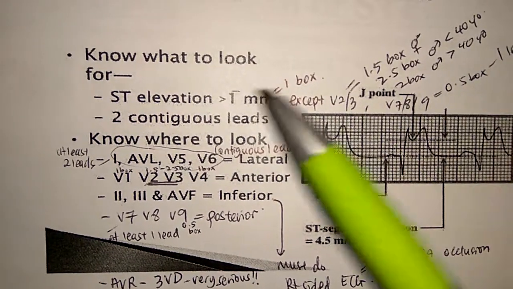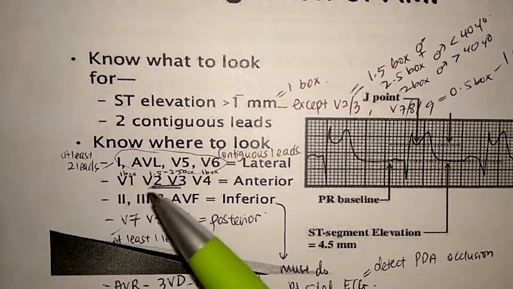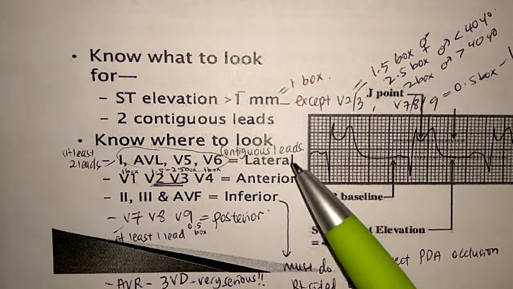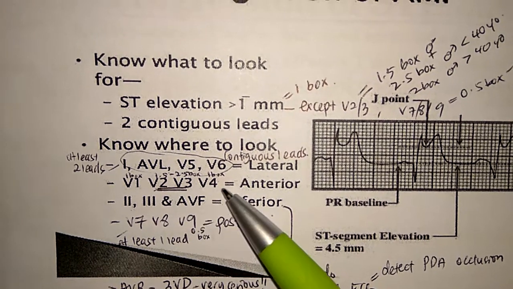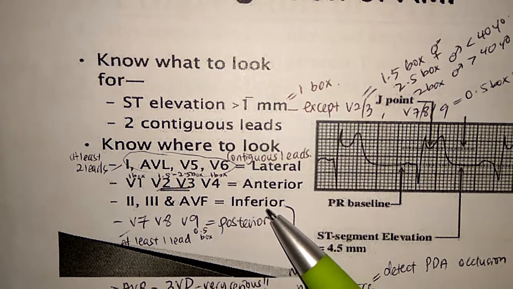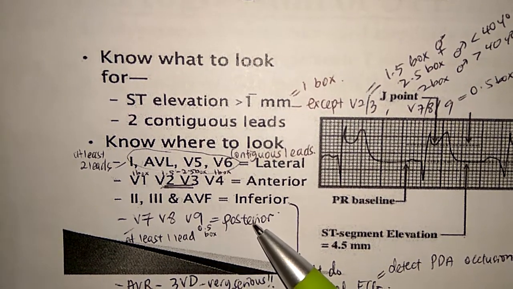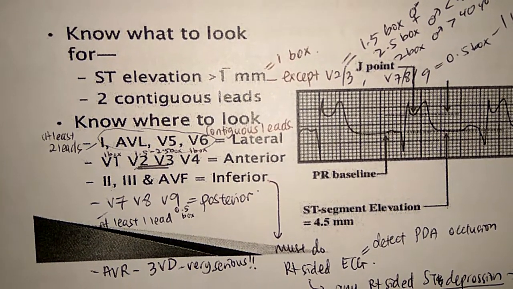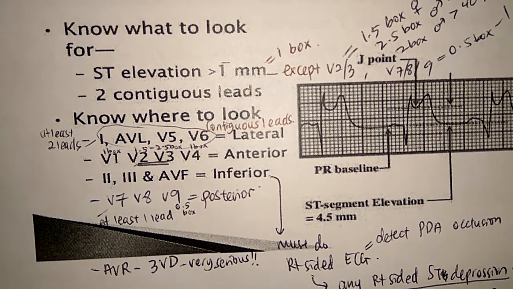Contiguous leads are the group of leads that represent an area of MI. Lead 1, AVL, V5, V6 for lateral MI, V1 to V4 for anterior, 2, 3, AVF for inferior, V7, 8, 9 for posterior, and if there's STEMI at the AVR, it is already a very serious problem.